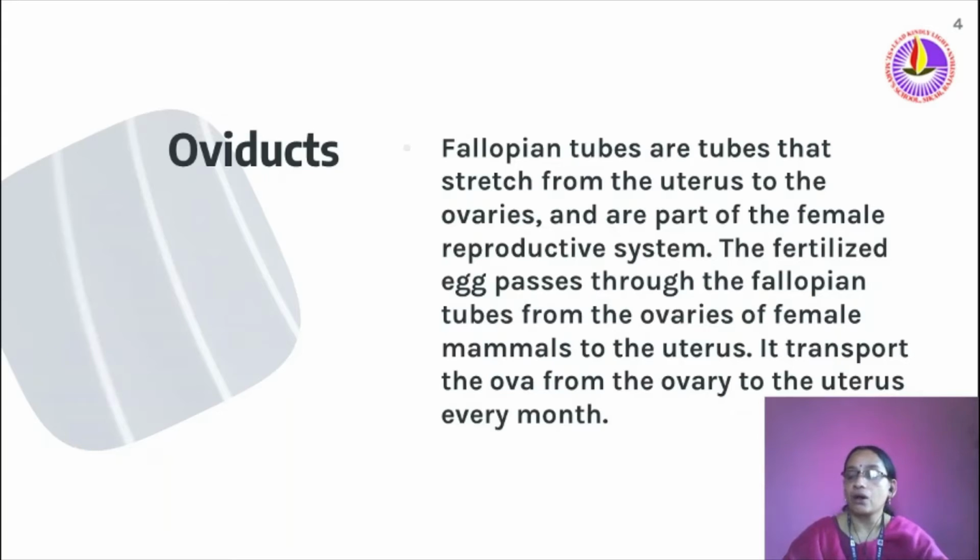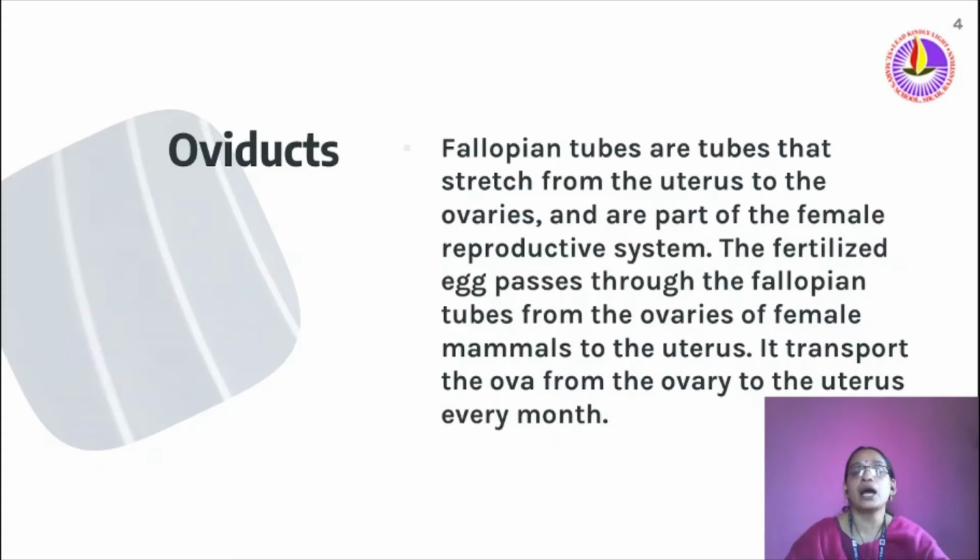Oviducts. Oviducts or fallopian tubes are funnel-shaped structures and coiled muscular tubes that join the uterus and ovaries. An ovum released from the ovary is transported through the fallopian tube.